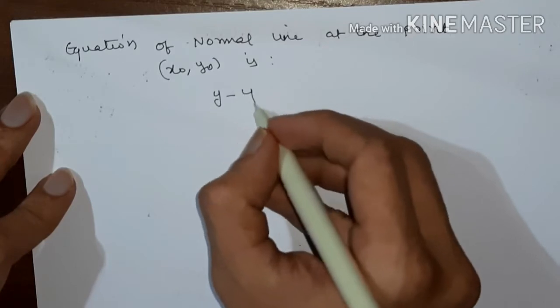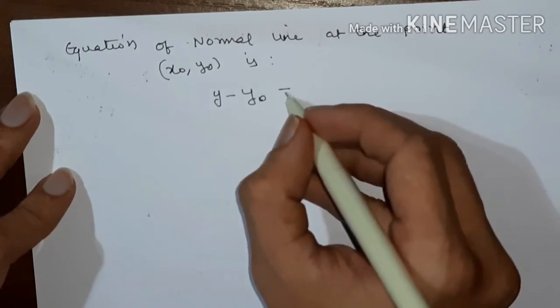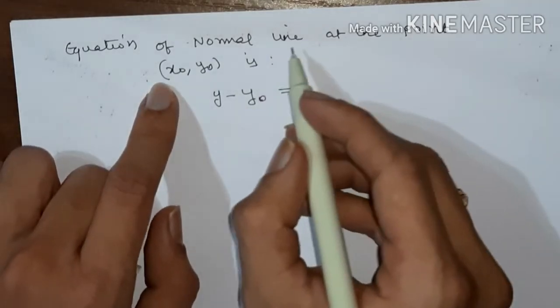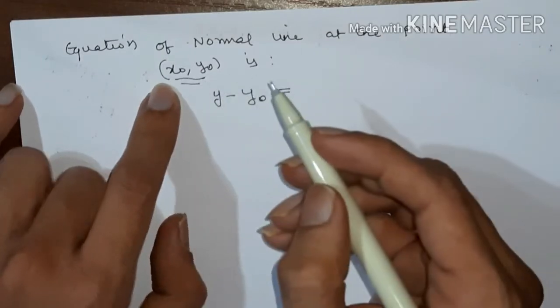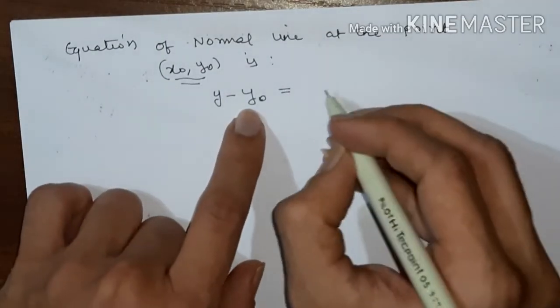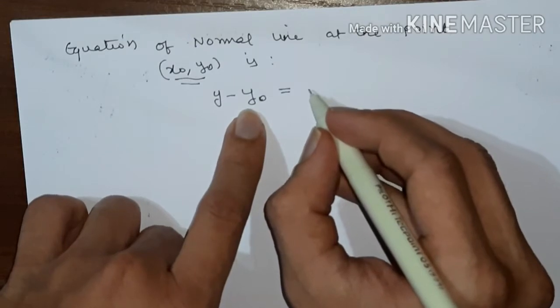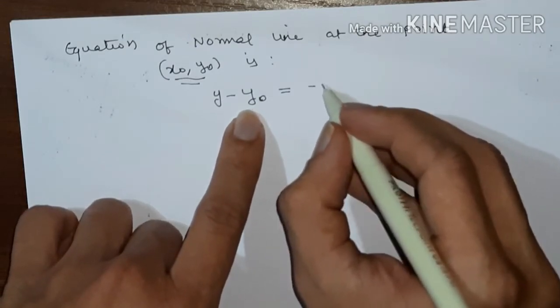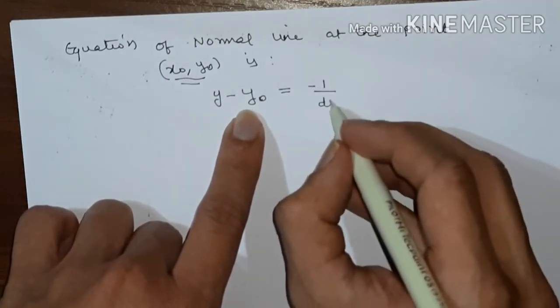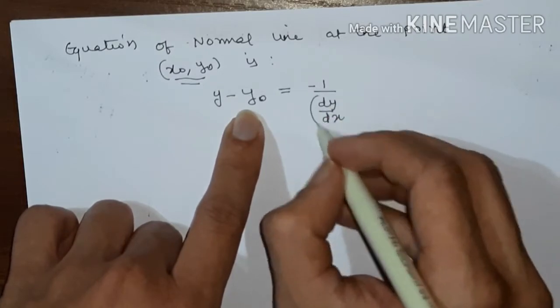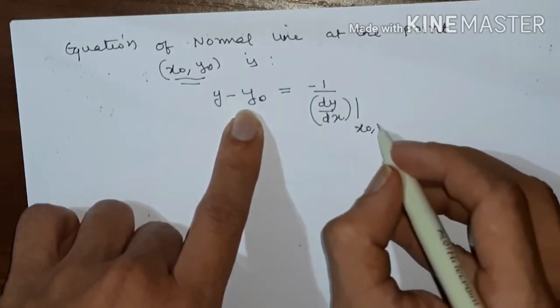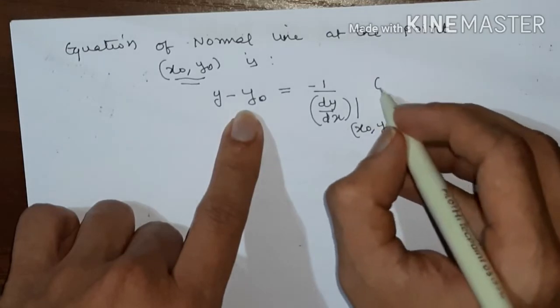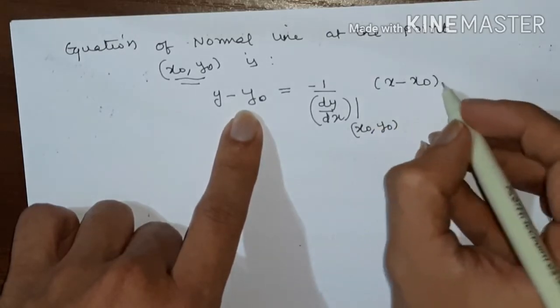It is y minus y naught, because the normal line passes through this point (x naught, y naught). So y minus y naught is equal to the slope of the normal line, which is -1 divided by dy/dx at the point (x naught, y naught), multiplied by x minus x naught.